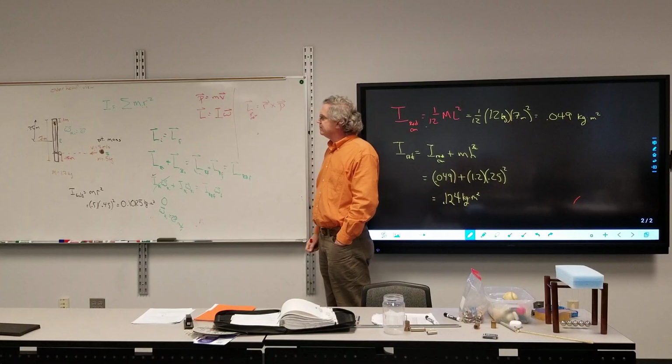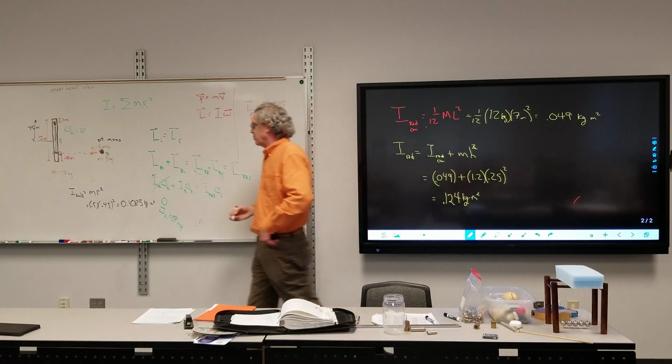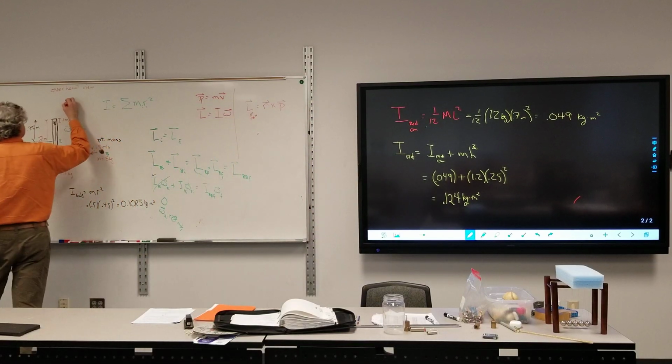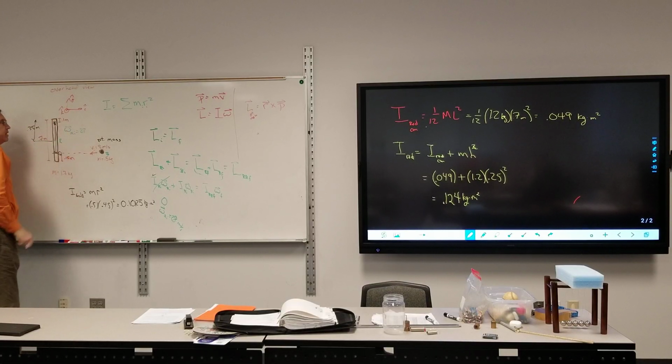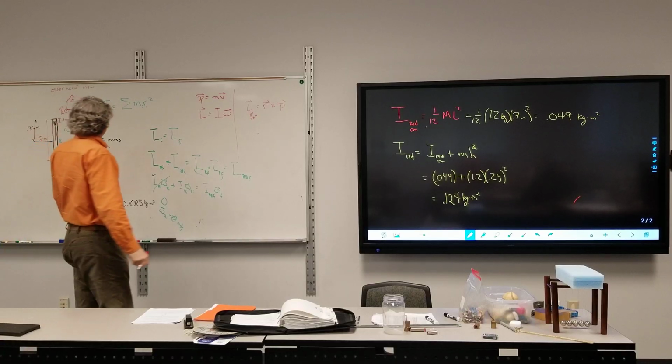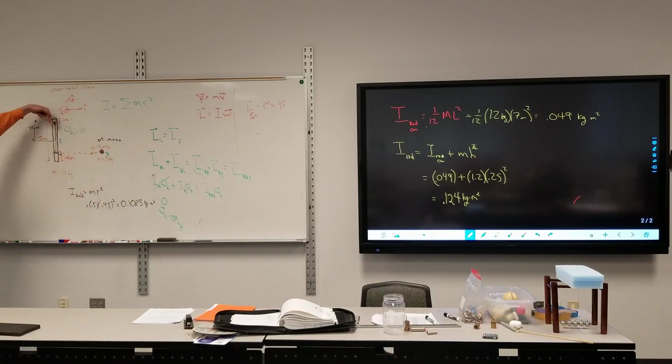Let's set up a coordinate system here. I hat, J hat, and that forces K hat to come out of the page. So R would be a vector from the axis of rotation to down here.